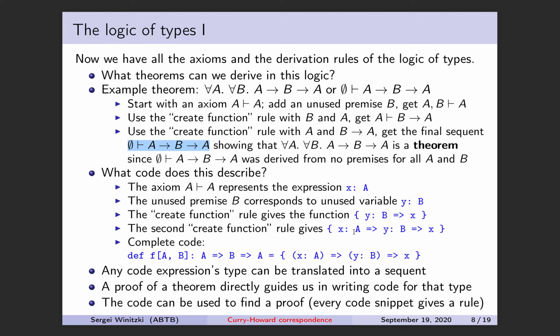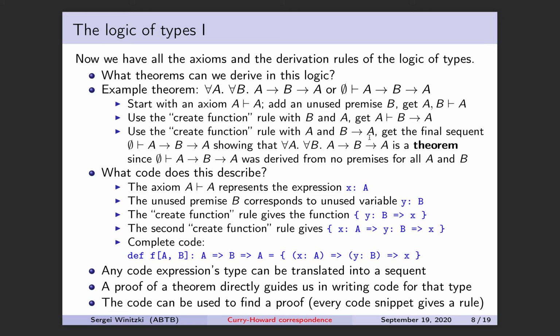So from no premises, we have this function. This function does not assume that anything is defined beforehand. That means we can write this function fully as a complete Scala definition, which is going to be like this.